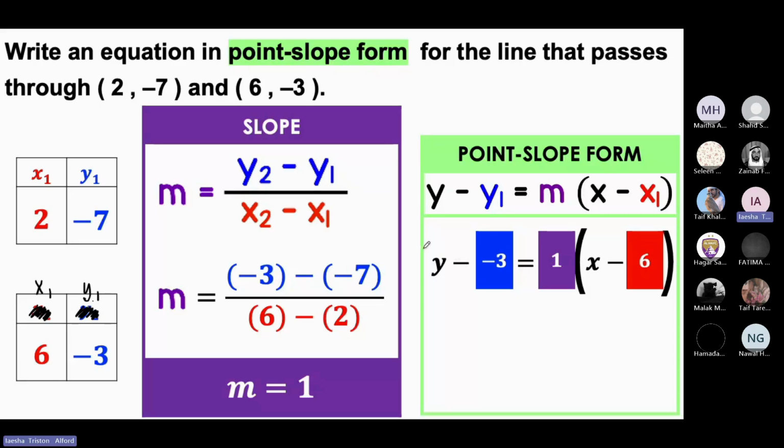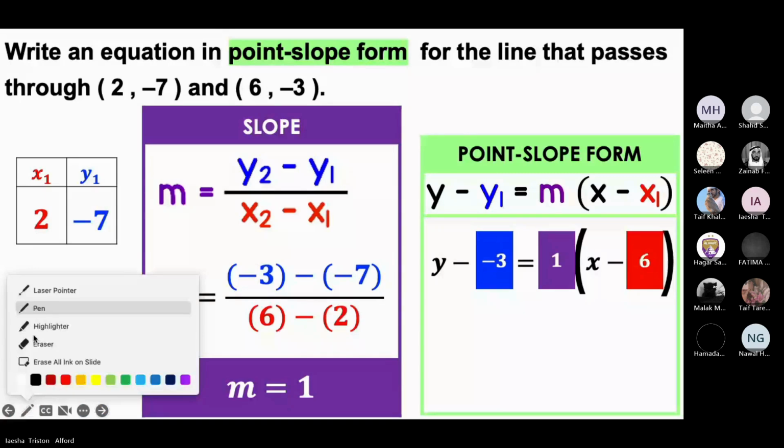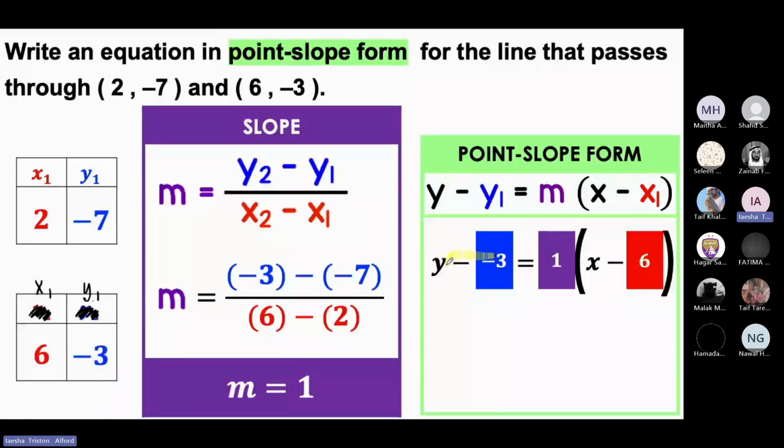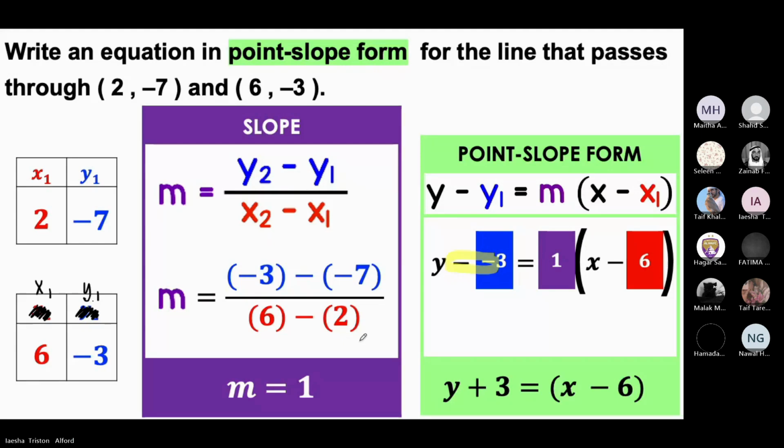After you put the numbers, what are you checking for? The negative, negative. So we have negative, negative. We should make it positive. So the main thing to remember about point slope is to check for the negative, negative.